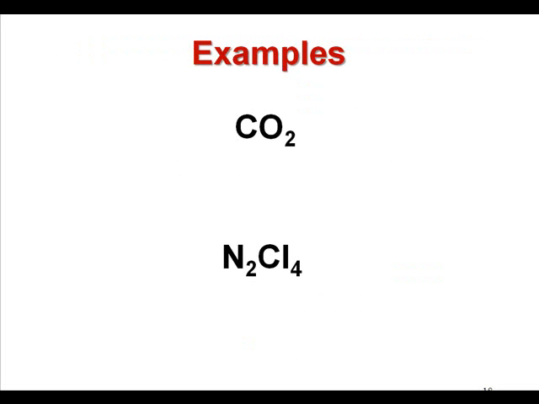The challenge in these names is that nonmetal and nonmetal are covalent. They share electrons, and because they share them, they don't form charges. And if you don't have ionic charges, you can't figure out how many of each kind of atom are involved. Take carbon dioxide, for example.